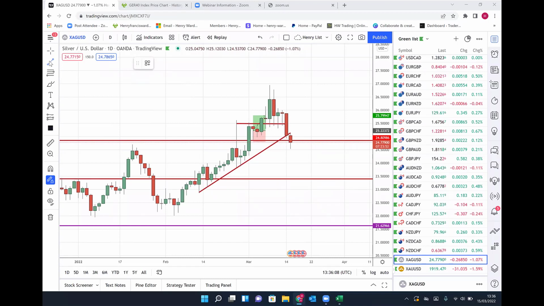So we actually may see, depending on how this bar finishes, we might actually see this happen. So if silver happened like that, would you take that trade?